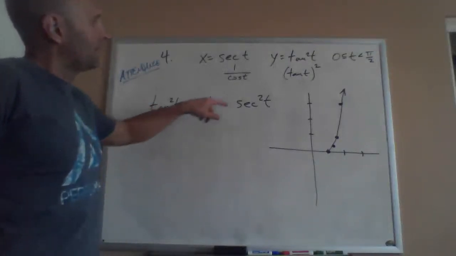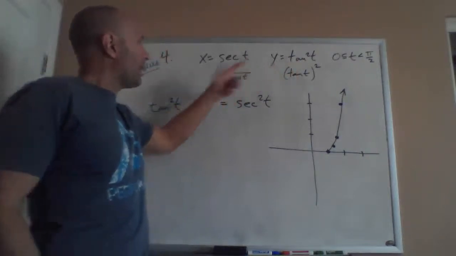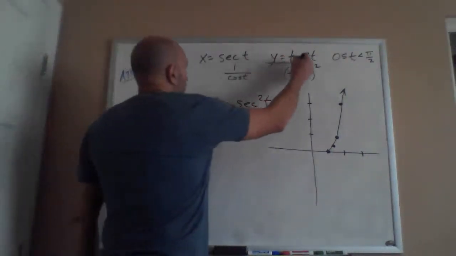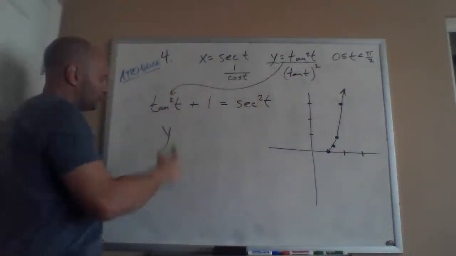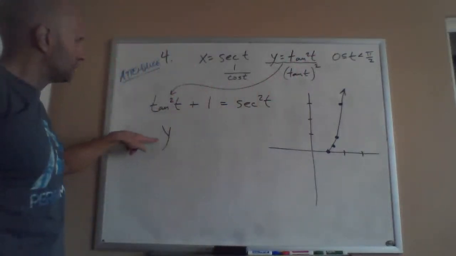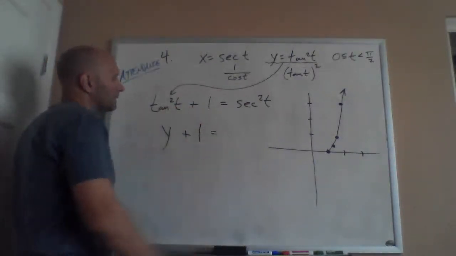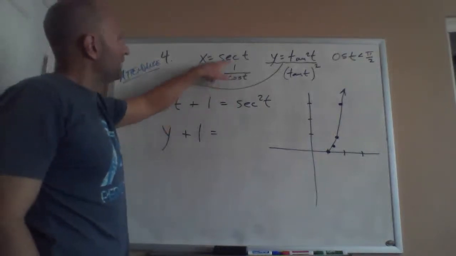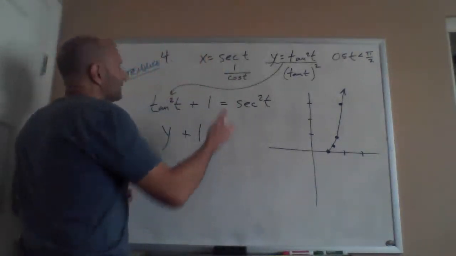So we have to do the substitutions again. Tangent squared. Do I have tangent squared? Well, yes, I do. Tangent squared is y. So I just plug that in here. So this tells me tangent squared is equal to y, so I just make that substitution. And then plus 1 equals secant squared. Do I have secant squared? No, I do not, but can I get it? Yes.